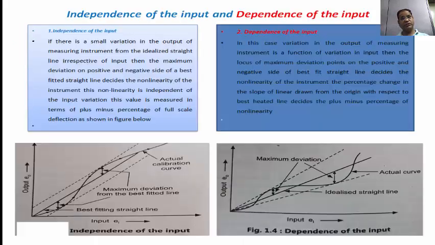Okay, so these are three things. What we have seen is linearity: independence of input, then dependence of input. In independence of input, the non-linearity, or the measurement from the best fitting curve, always remains constant in the plus minus direction. But here, as there is change in input, the maximum deviation changes.